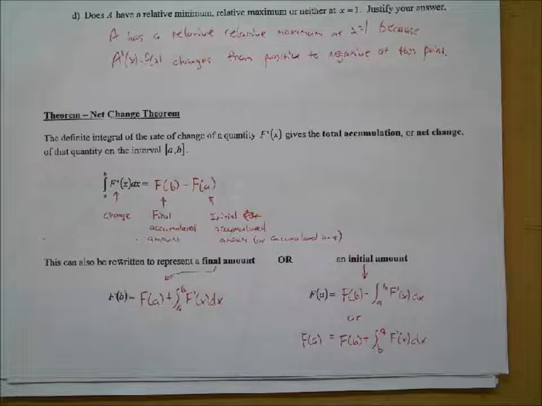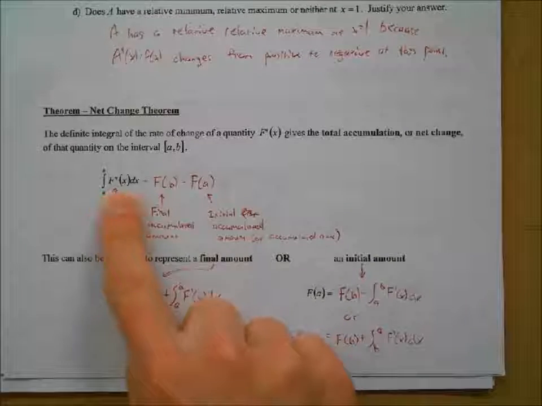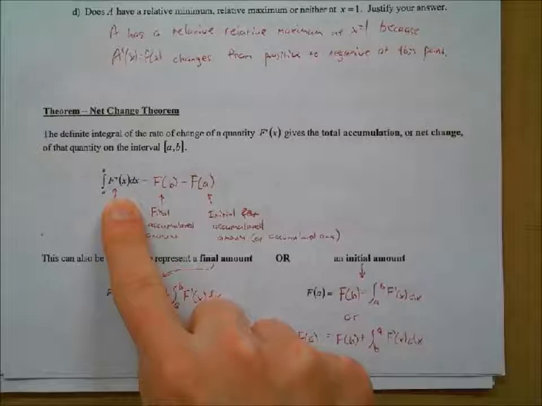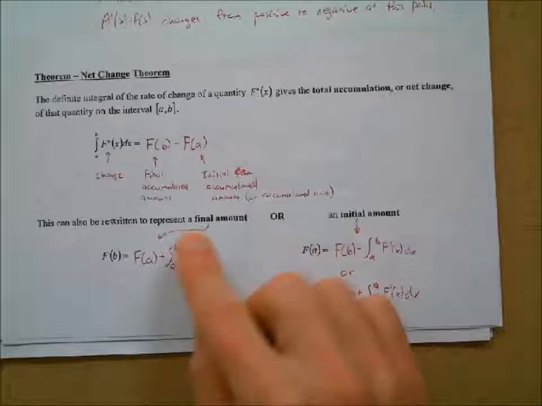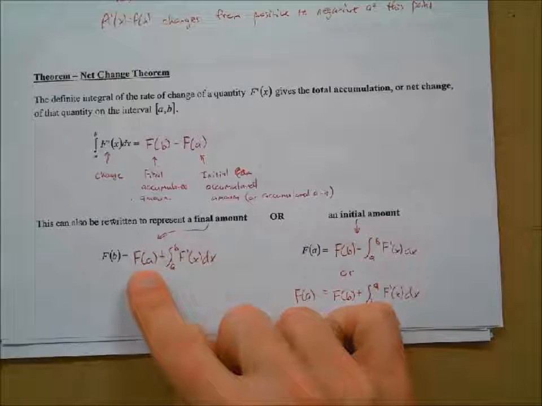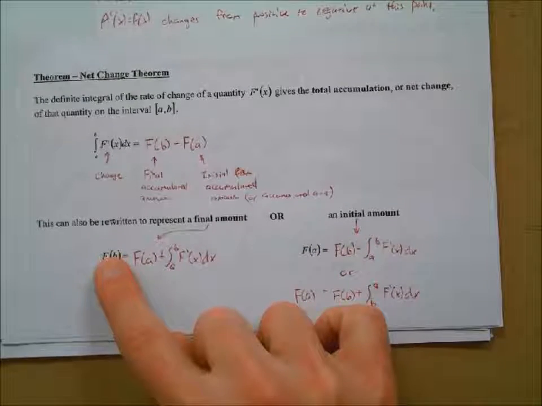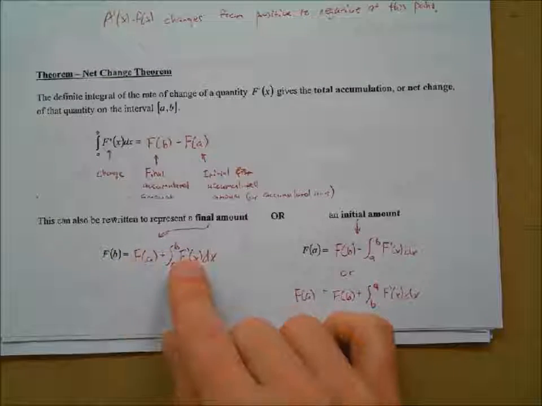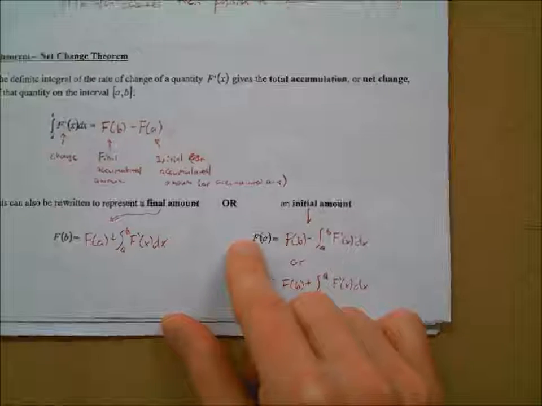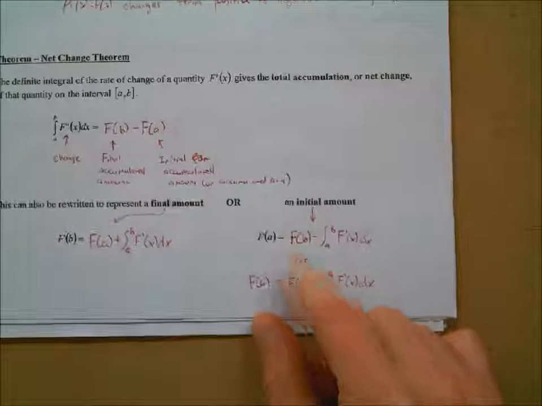We've used that in a variety of ways. In one sense, we've used it to find the accumulated amount from a time A to a time B. But we can also use it to find initial amounts, final amounts, starting with an initial amount and then integrating from A to B where we want to know the derivative. We can find any other location we want using this setup right here.